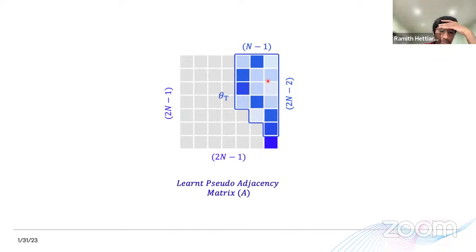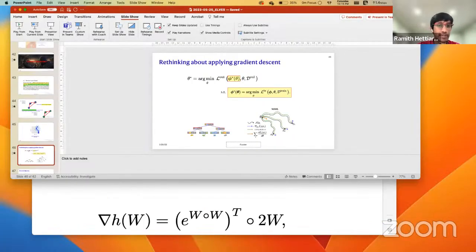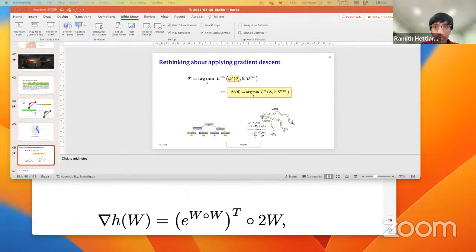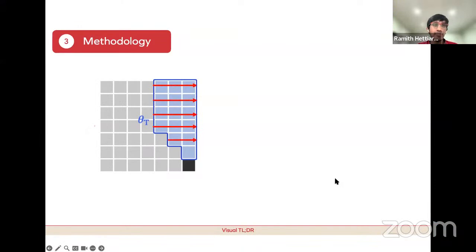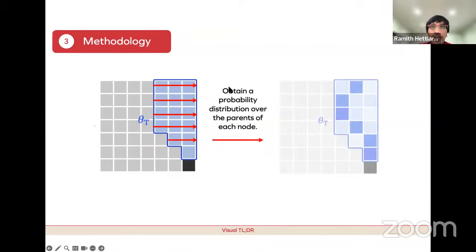So now we have two soft parameterizations for the tree and sequence space. Just to summarize, we have continuous variables, and we can have a probability distribution along its parents like this.